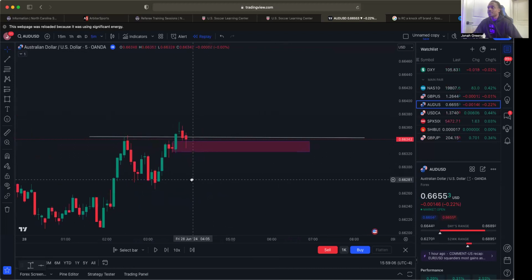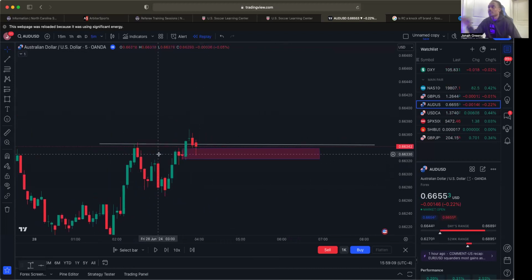Now, the other thing I want to mention to you: what if the candle retests, but it keeps going? So for example, if this is my retest candle, but this candle fails to break this high, then we want another candle to form to break this high of the candle. I'm going to repeat that one more time.